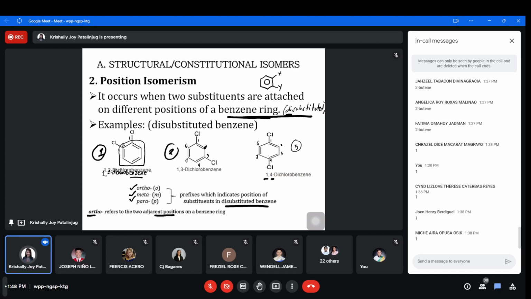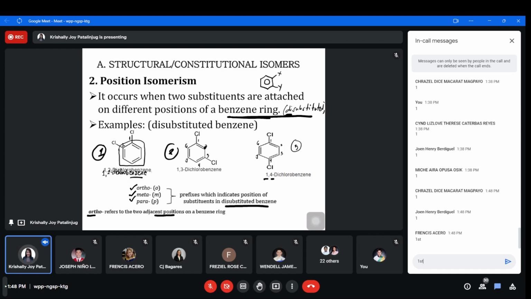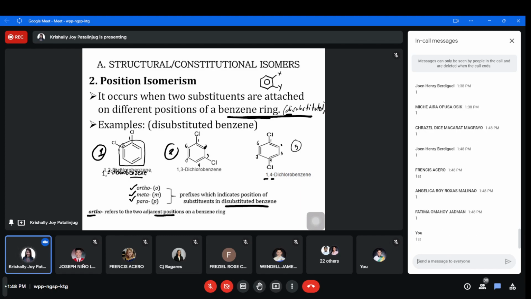Now, basing on the set of molecule structures of dichlorobenzene, saan natin dito magagamit yung ortho prefix? First, second, third. Sabi dito, magagamit to kapag adjacent position yung substitution. Very good.